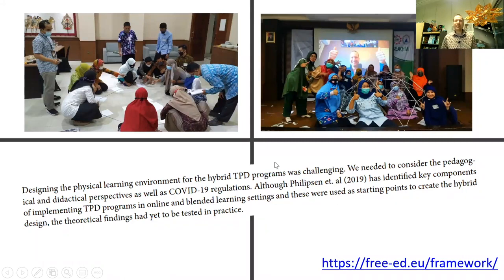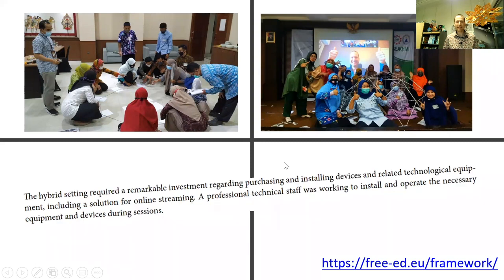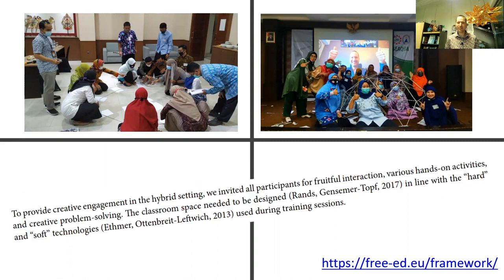And actually, you can read in the article in the free EdVision book how this whole process took place, and how the different equipment and different devices for streaming and the technical stuff helped to realize these events.